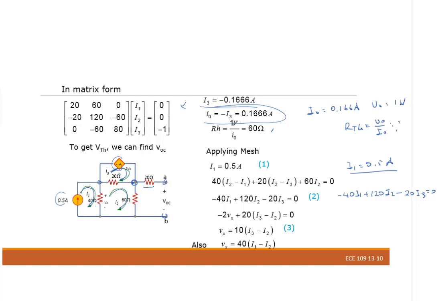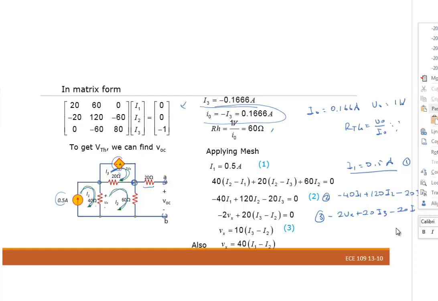The third one is from the top. This is number 1, this is number 2, number 3 is from top. There is no I1 there; there is negative 2Vx plus 20 I3 negative 20 I2 equals 0.